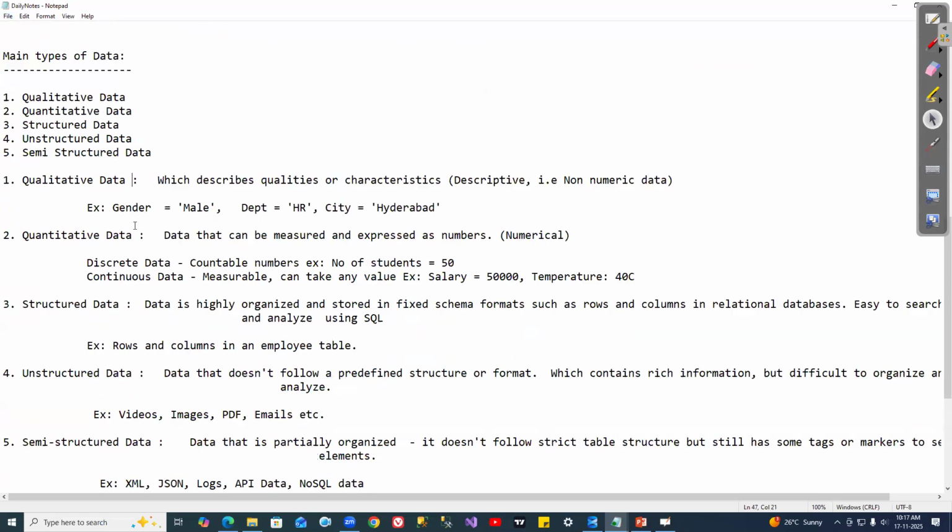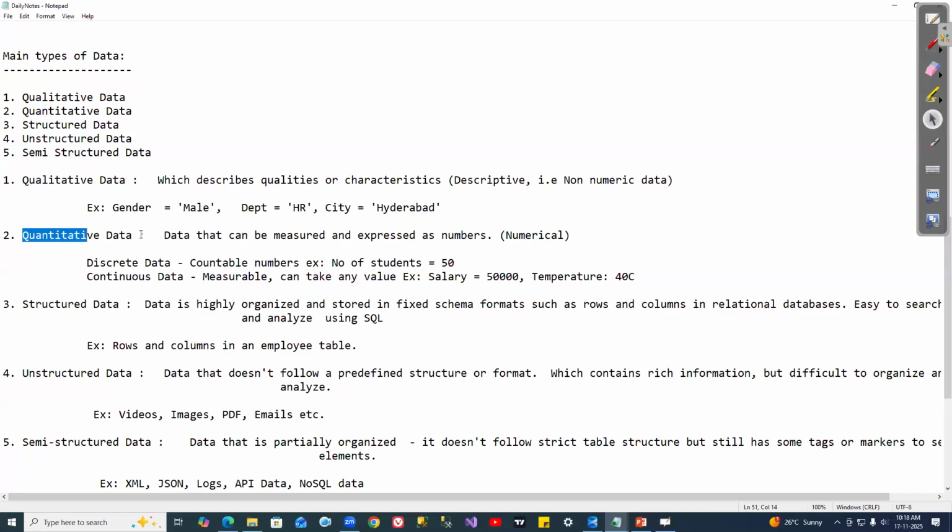Qualitative data describes qualities or characteristics, and it is descriptive, that means non-numeric. Gender, male; department, HR department; city, Hyderabad. That is qualitative data.